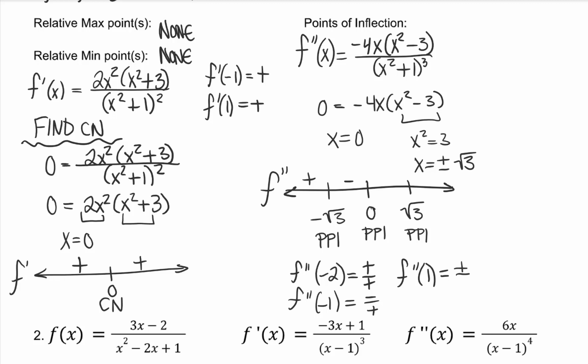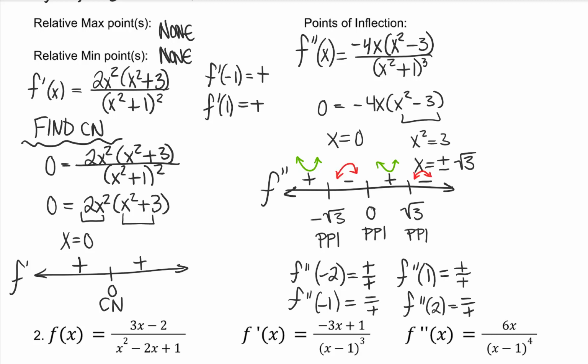That gives me positive over positive. When I plug in 2, I get negative over positive. We have an interval of concave up, then concave down, then concave up, then concave down.